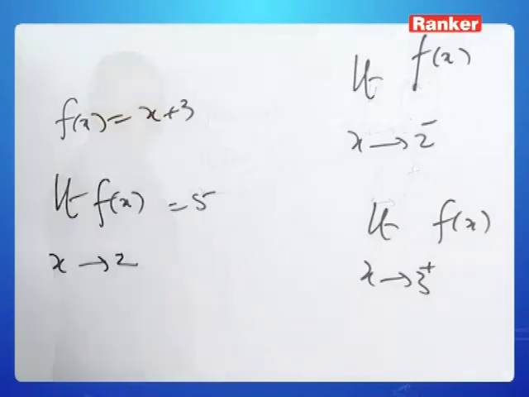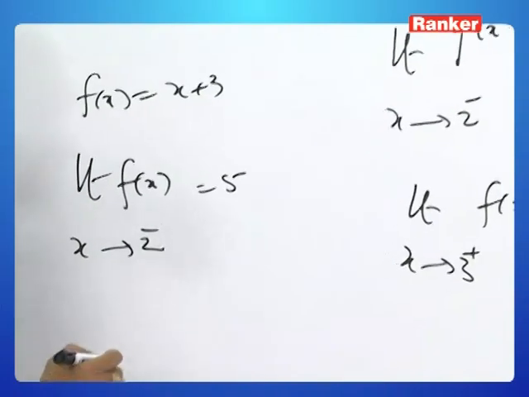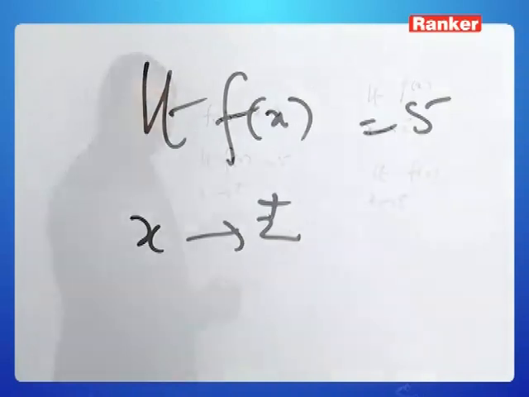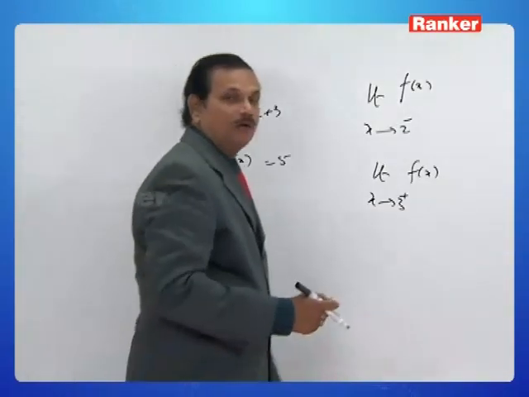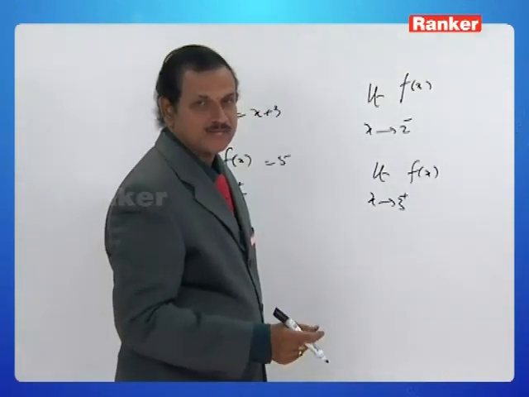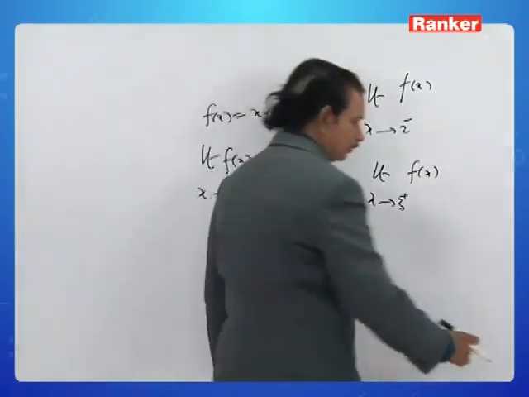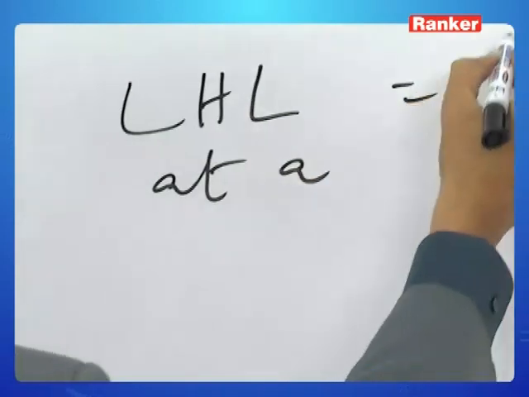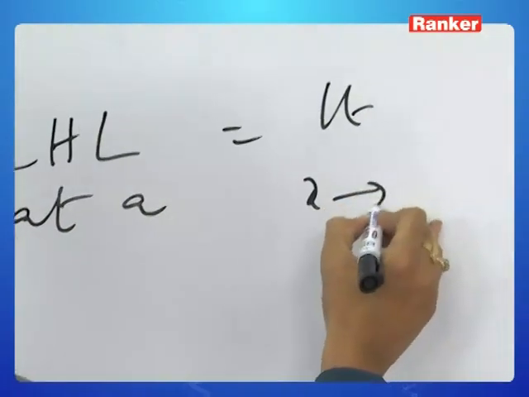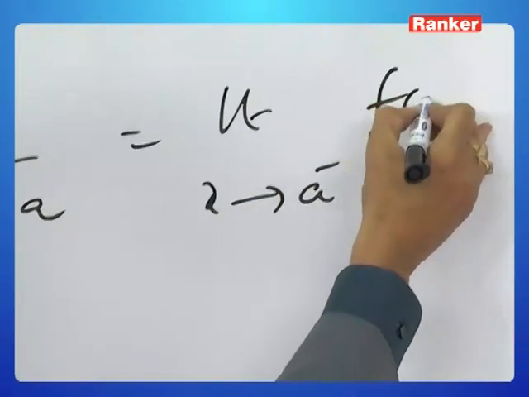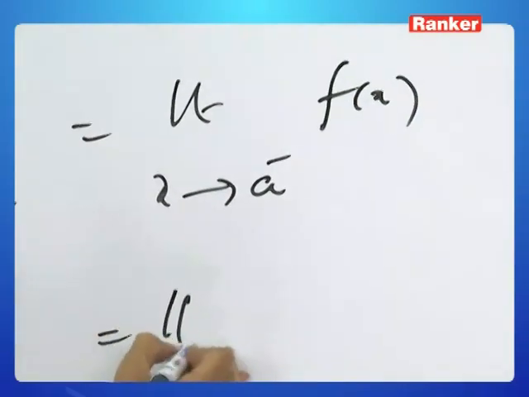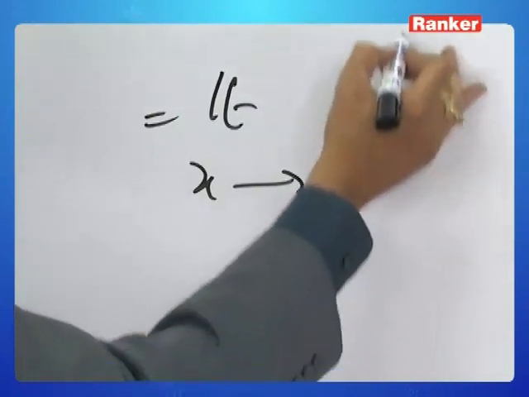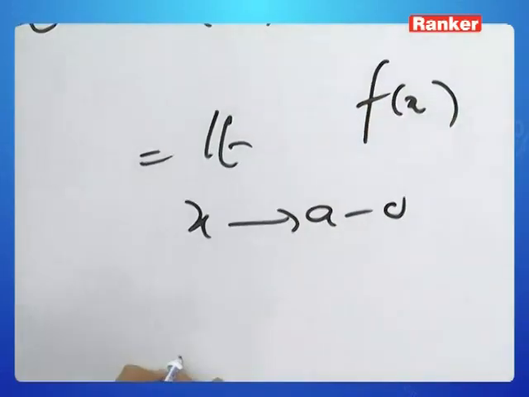So, this we mean left hand limit. This we mean right hand limit. And there are so many ways to represent these left hand limit and right hand limit also. Left hand limit at A: limit as x tends to A from left of f of x.